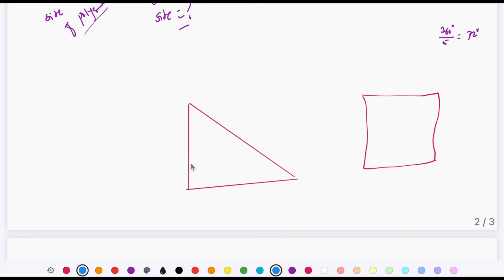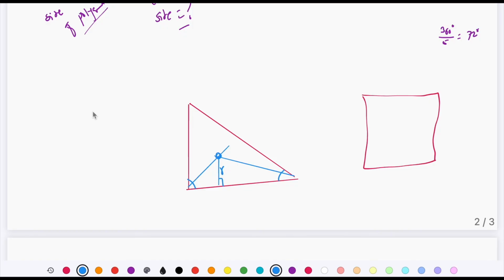What you are supposed to do is consider any two adjacent angles and draw the bisectors of those two angles. Once you draw the bisectors, they will intersect each other at some point. From that intersection point, draw a perpendicular to one of the sides of the polygon, and this perpendicular is going to be the radius of our circle.